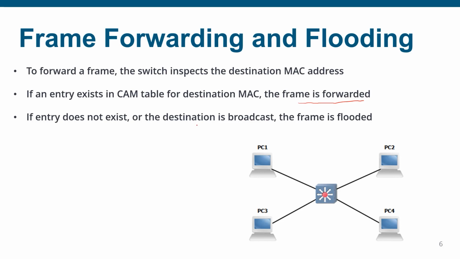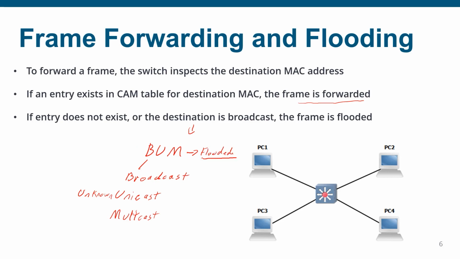This flooding is done for BUM traffic. That is broadcast, unknown unicast, and multicast. This traffic is flooded to ensure delivery to all interested nodes.